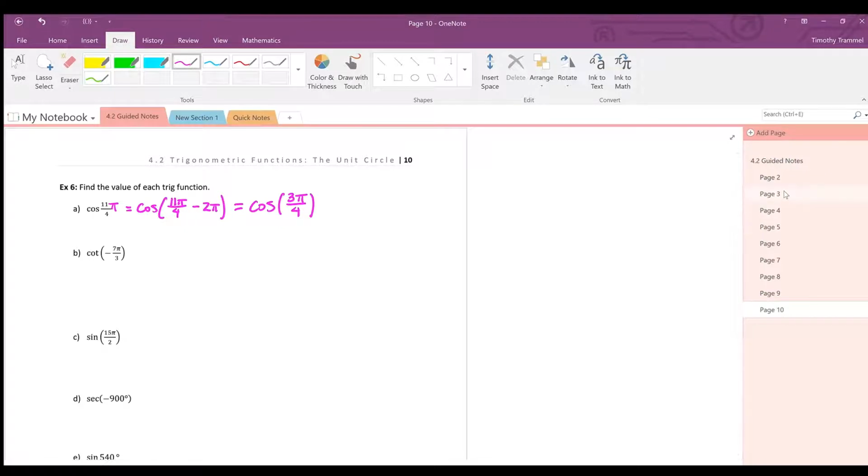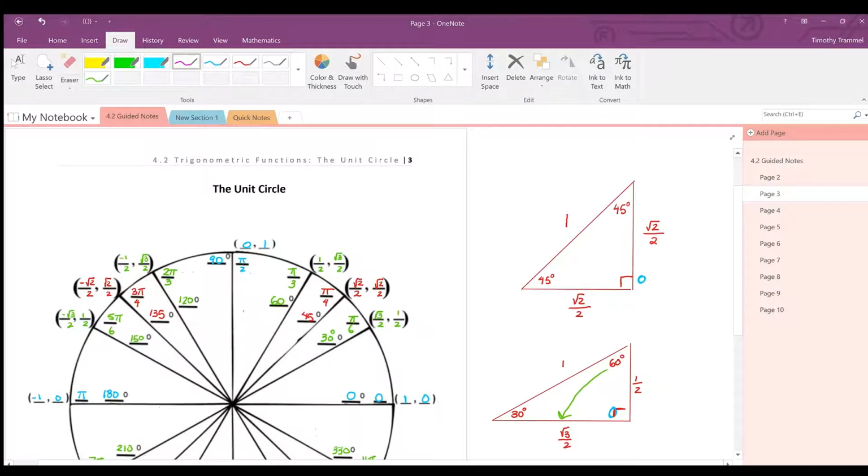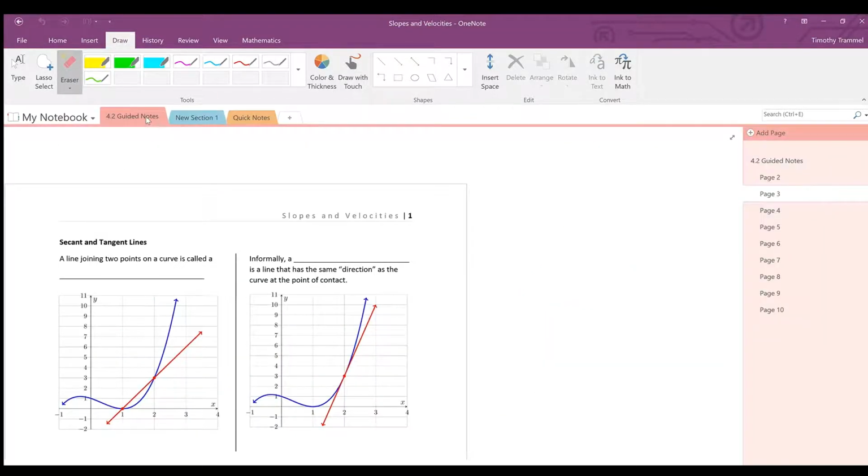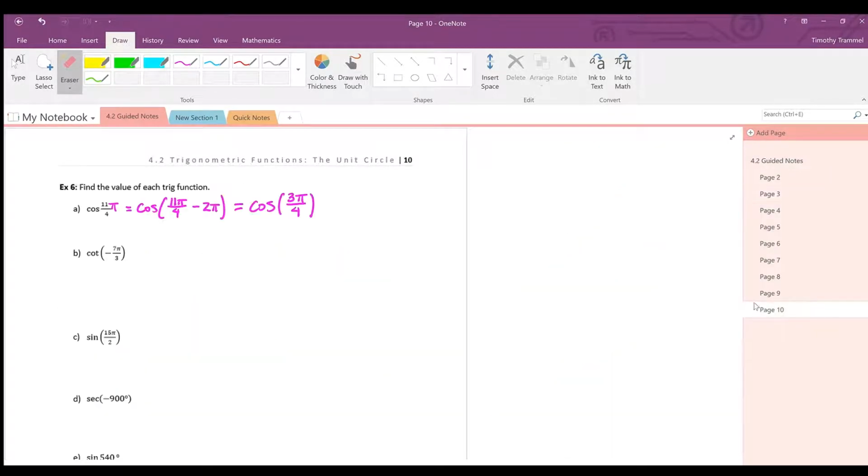Okay, so let's go peek. Okay, so here it is. The x-coordinate at 3 pi over 4 is minus the square root of 2 over 2. Oh, that's the wrong one.